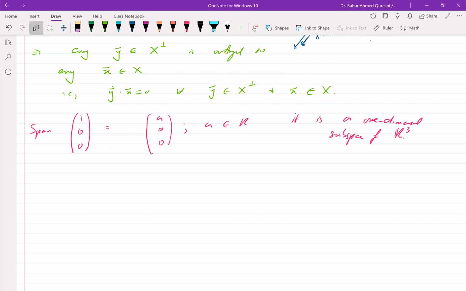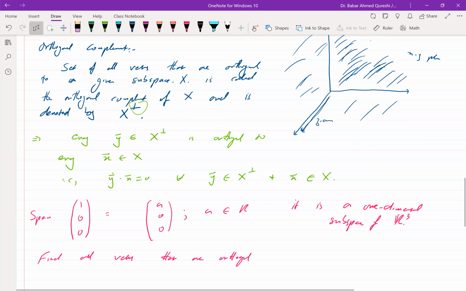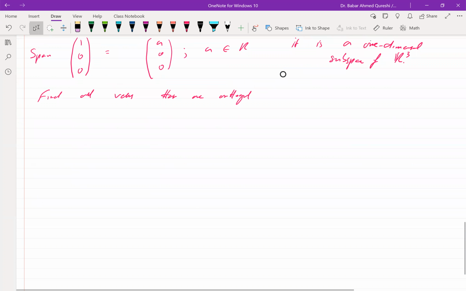And if I want to find all vectors that are orthogonal to every vector, so this is X. So what would those be?